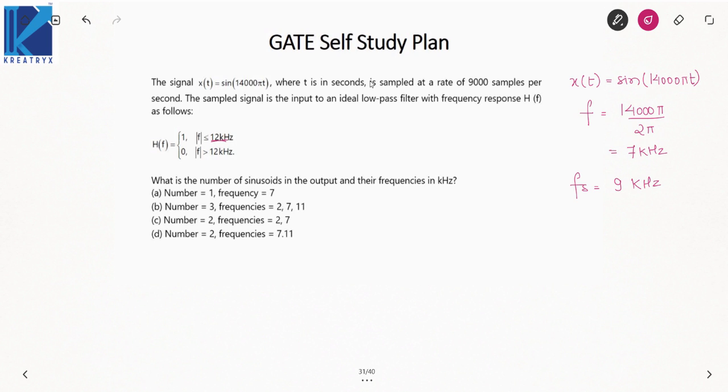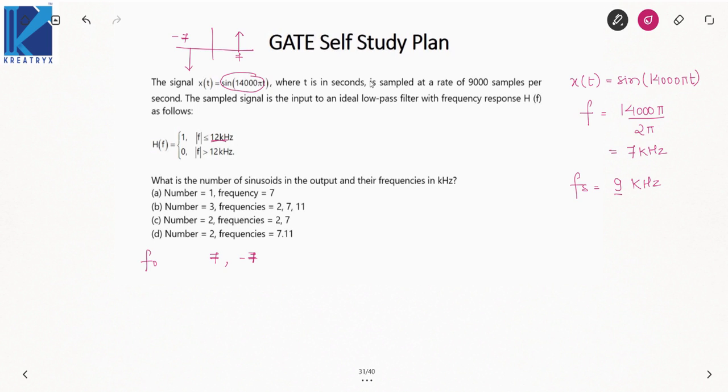Again remember, the output frequencies will include the original one and its negative, because the spectrum of a sinusoidal signal involves a positive frequency and a negative frequency. That is why I am saying 7 and -7. What are the others?